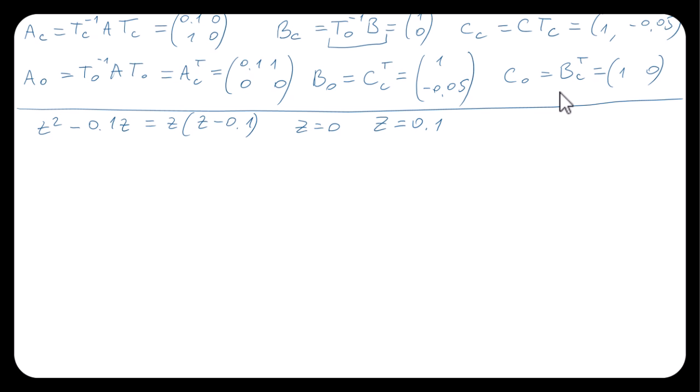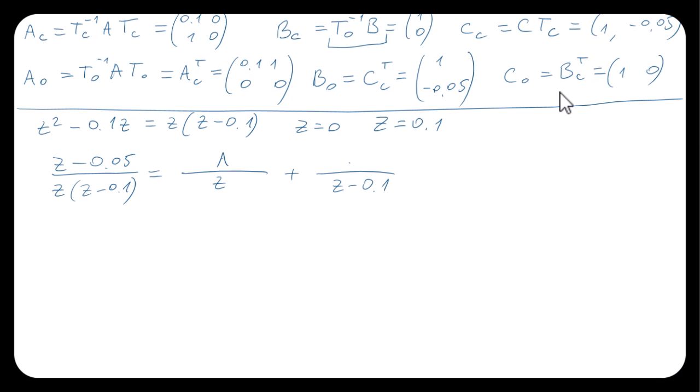So our transfer function, which is z minus 0.05 divided by z times z minus 0.1, could be written as something divided by z plus something divided by z minus 0.1. So all we need to do is to find coefficients here and there, which will be equal to the original transfer function.